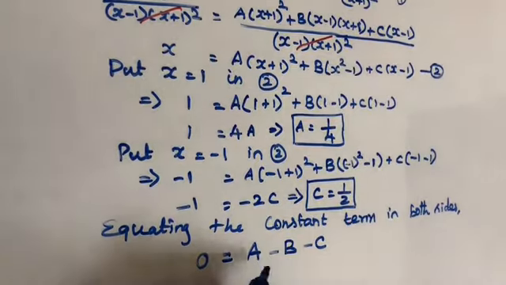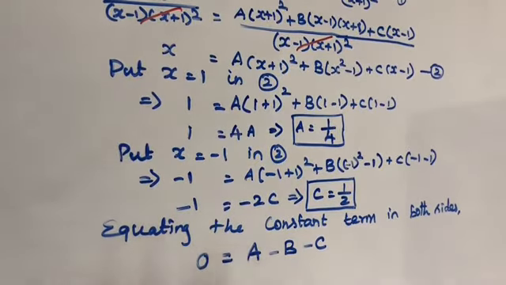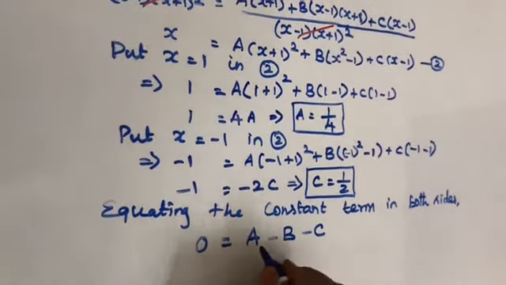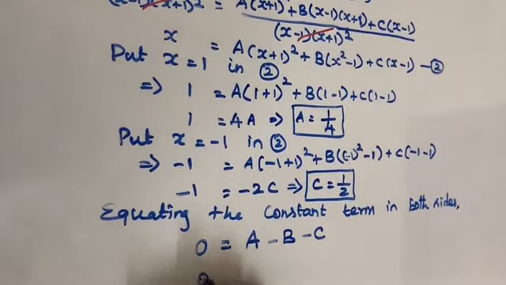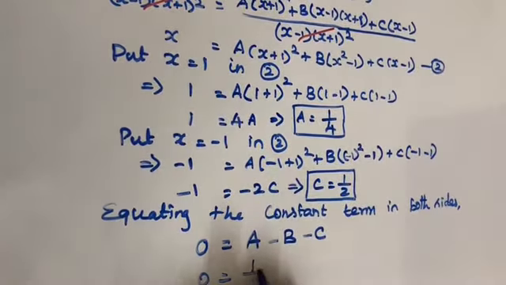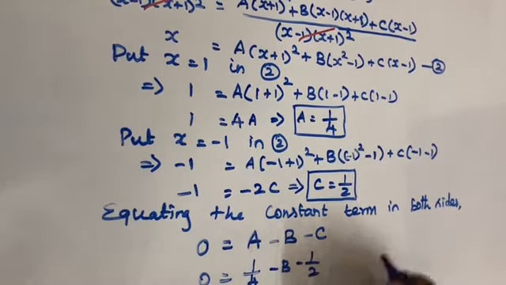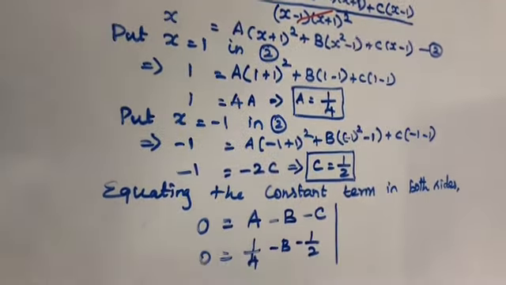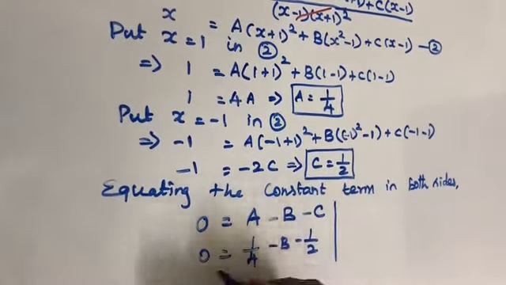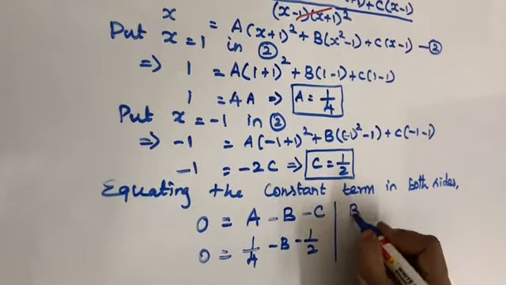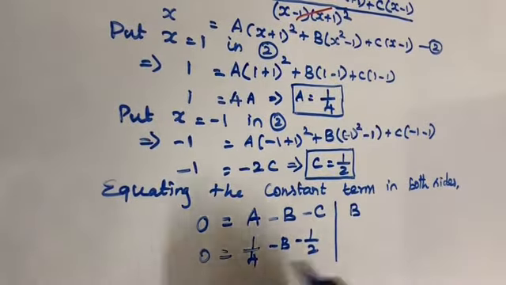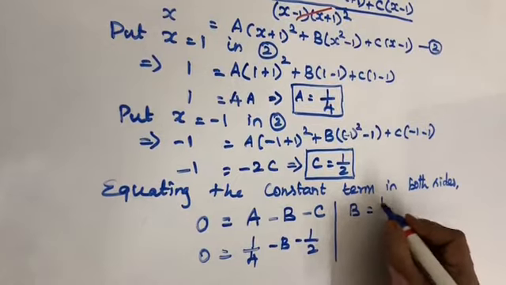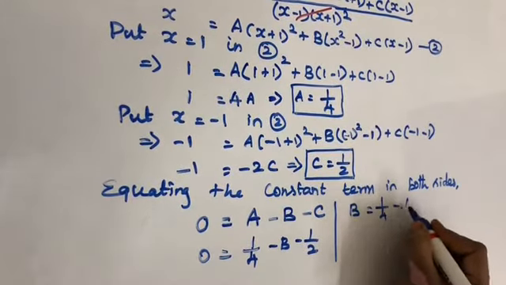Now, we know the values for a and c, so that we can calculate b. Okay, substitute those two values. So, 0 is equal to 1 by 4 minus b minus 1 by 2. That implies b is equal to, I am bringing b to this side. So, b is equal to 1 by 4 minus 1 by 2.